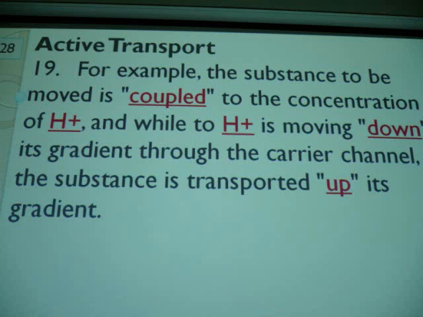But if hydrogen has 50 people up here and one down there, he's going to go where? Down there. And I'm going to hook on and just, can I go with you? And I beg a ride. That's exactly what's happening here. The hydrogen is the vehicle that carries me somewhere.